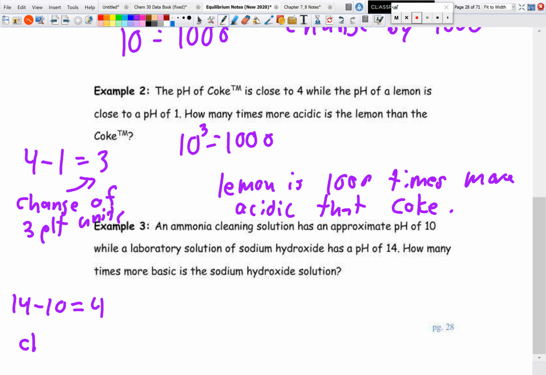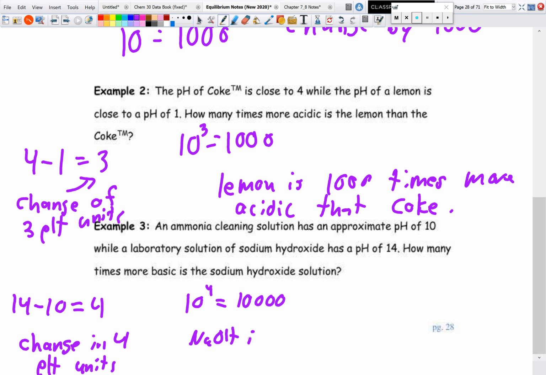So a change in 4 pH units. That means we go 10 to the 4, and that is equal to 10,000. So NaOH is 10,000 times more basic than the ammonia.